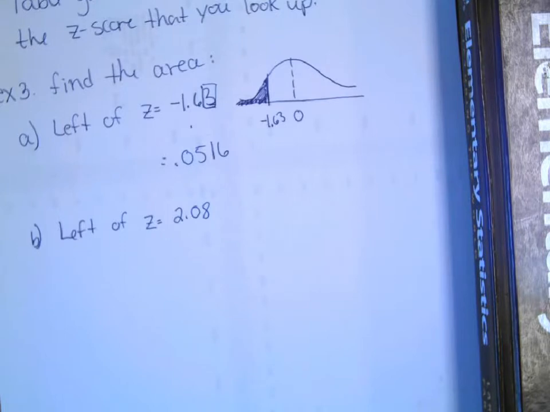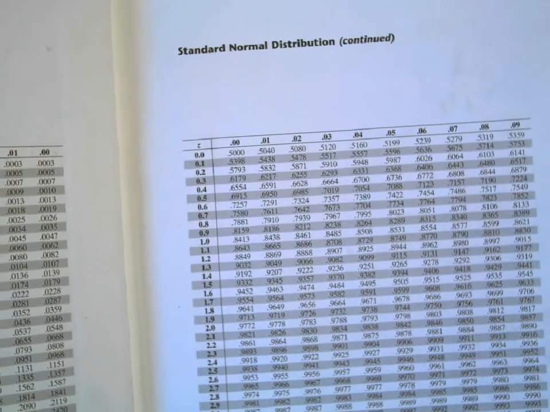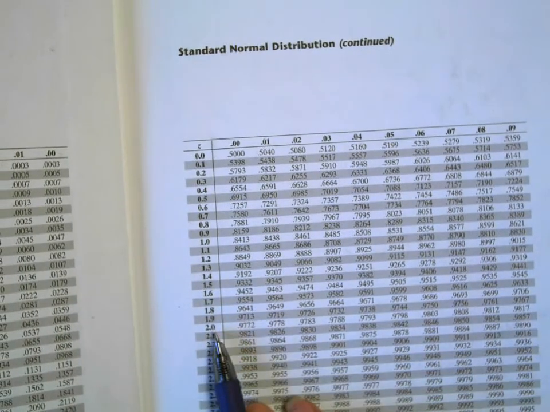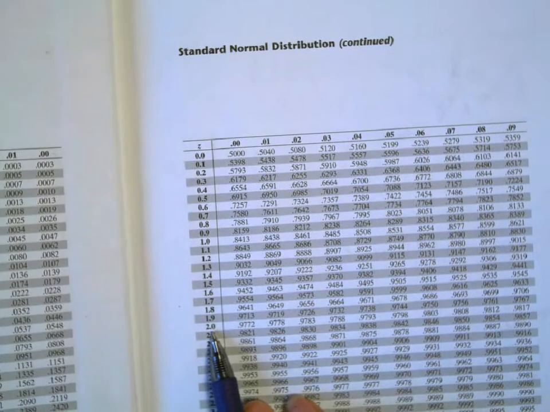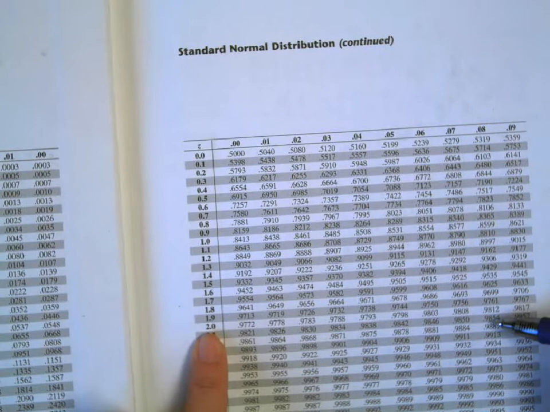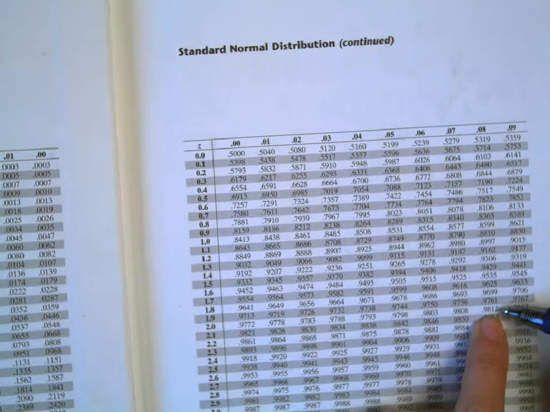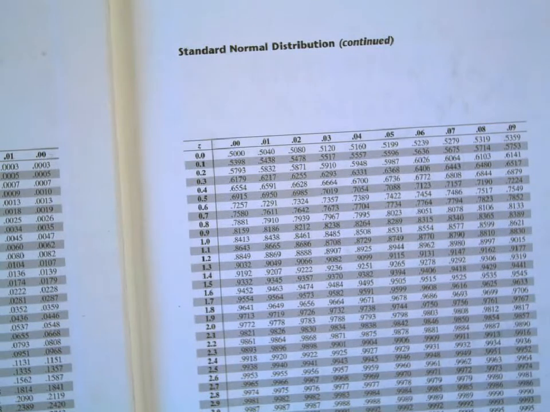Wait, do we go to the right? Yep, you're going to go on the right-hand page. 2.08. So here's the 2.0, and then you want to look at the top for the 0.08. What do we got? 0.9812. Okay.